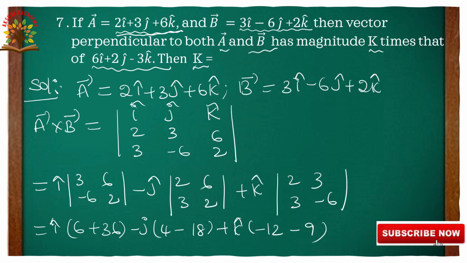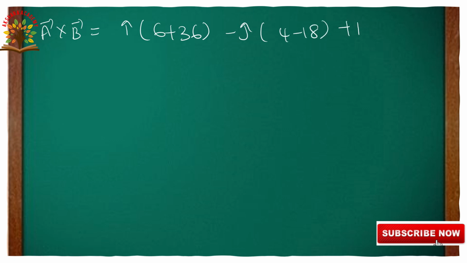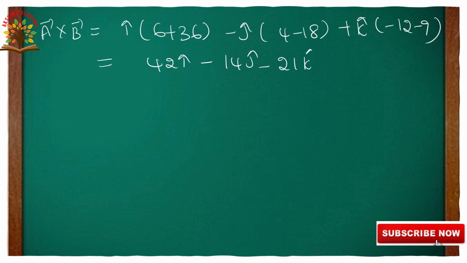Next we are writing a bar cross b bar is equals to i cap of 6 plus 36, and minus j cap of 4 minus 18, plus k cap of minus 12 minus 9. So that is equals to 42i cap minus 14j cap minus 21k cap. Here minus into minus plus.